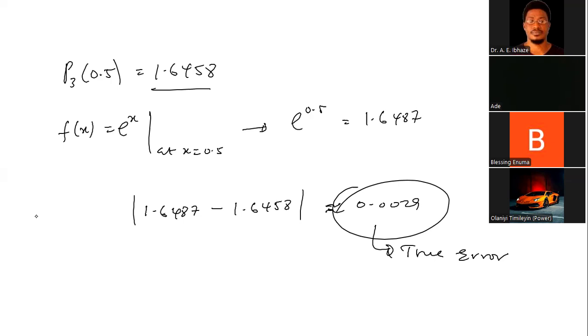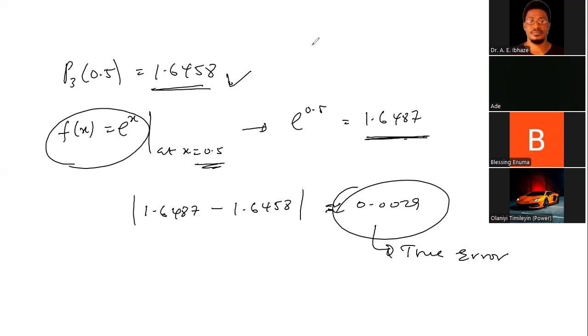The P3 of 0.5, I know we got 1.6458. This second value, I'm not sure where we got the value. Okay, this value is the actual value. So we are literally substituting this into the actual function at this point, not from the approximation. So we got this from the Taylor series approximation, okay?